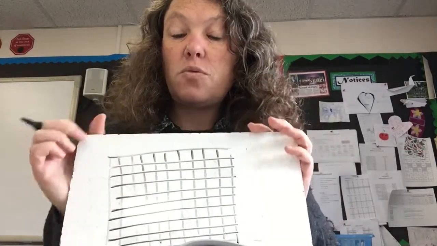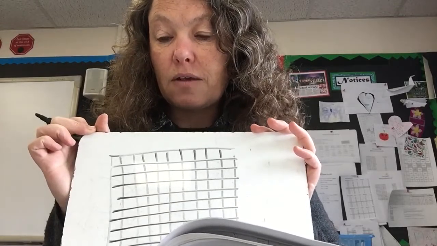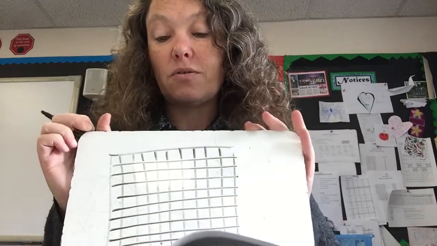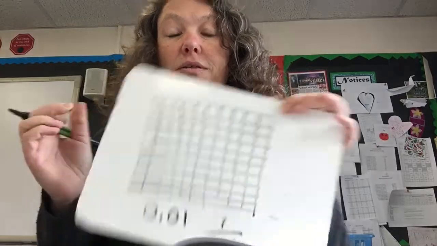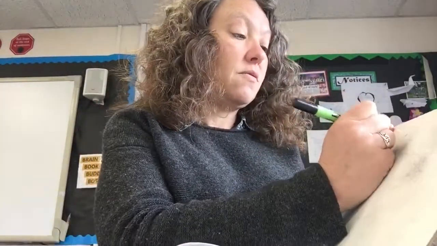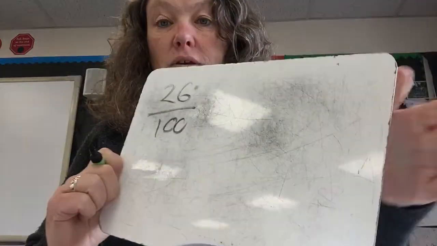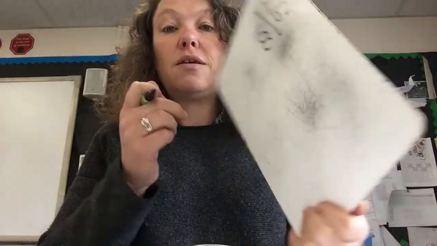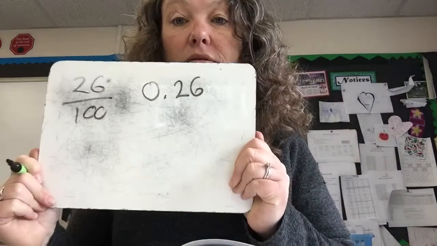So for B 1 to 4, you're counting the squares, and you've got to write those down as a fraction and as a decimal. If we look at the first one, I think there are 26 squares coloured in there. So that's 26 out of 100. I don't know if you can see that. Hopefully you can. That's 26 out of 100. If we wanted to write that with a decimal, it's 0.26.